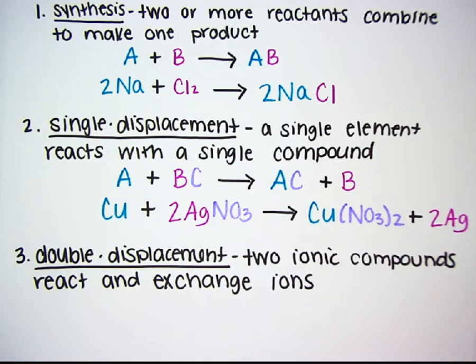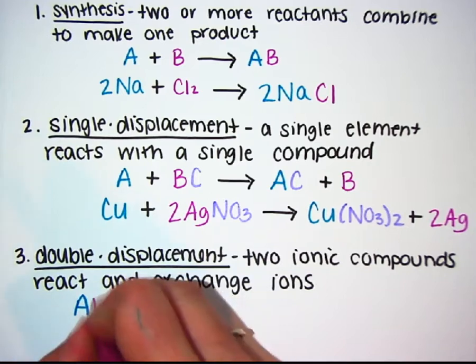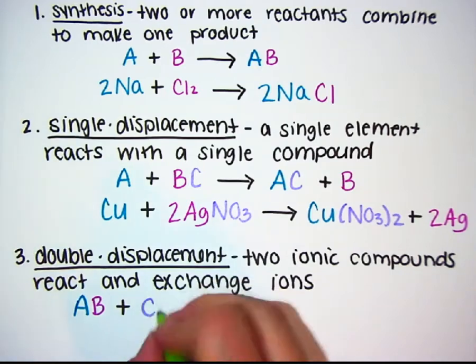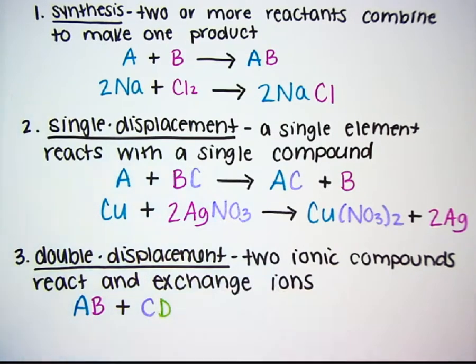Let's say I had a compound AB, and it's going to react with compound CD. So single displacement differs from double displacement in the number of ionic compounds.